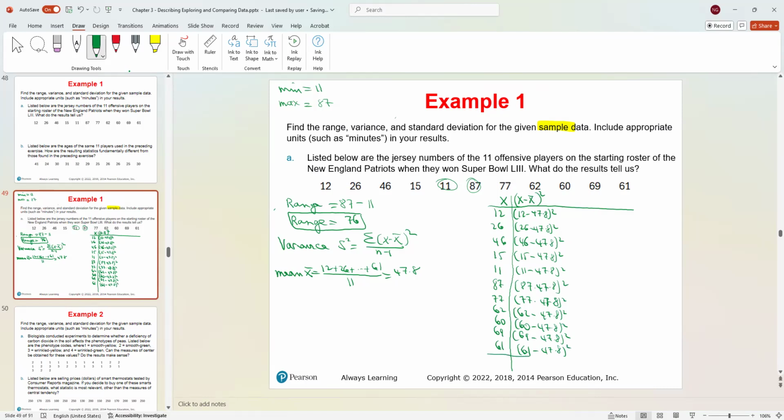You can do it once in your calculator because what I'm most interested in is this answer.